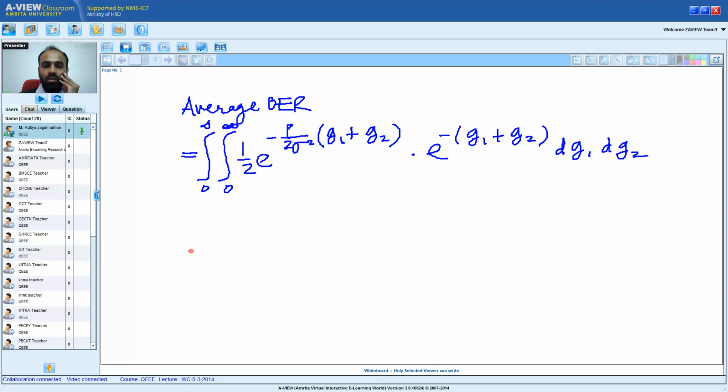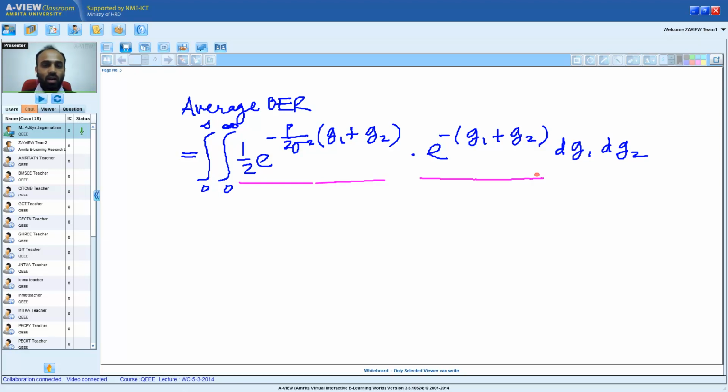So what am I doing? This is the bit error rate as a function of G1 plus G2. I am multiplying this with the joint distribution of G1, G2 and integrating over G1, G2.